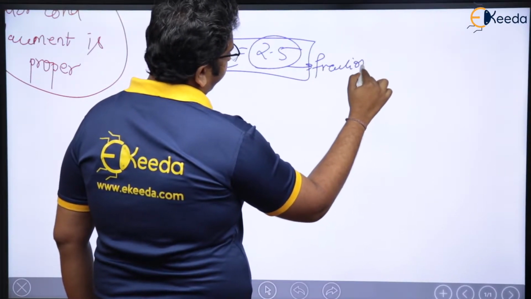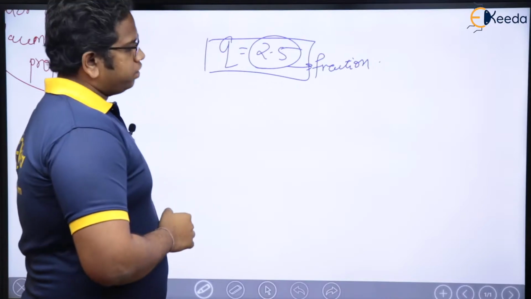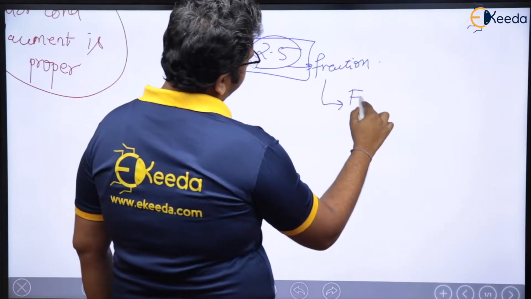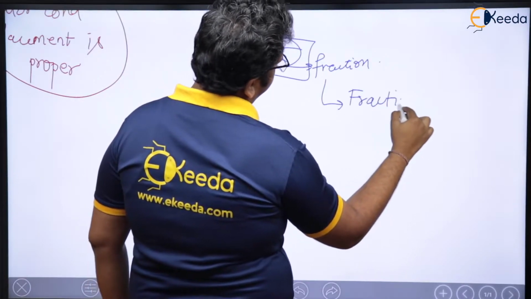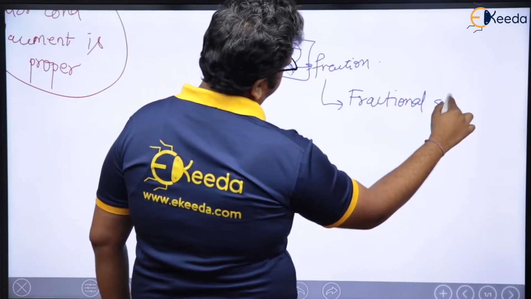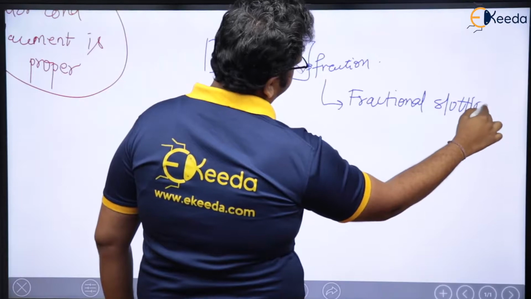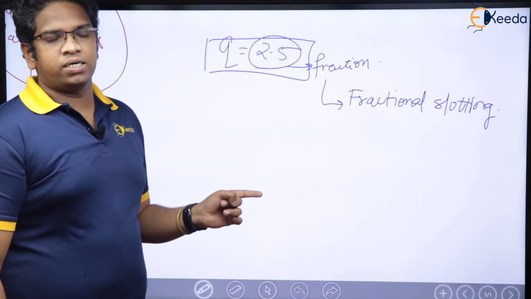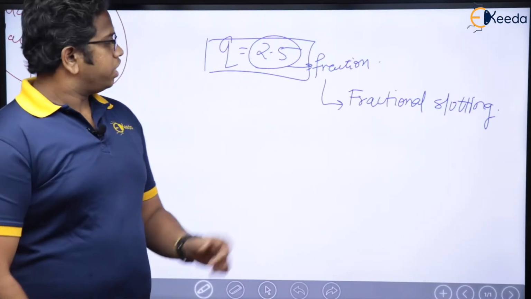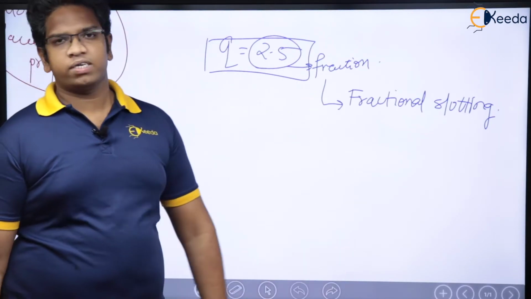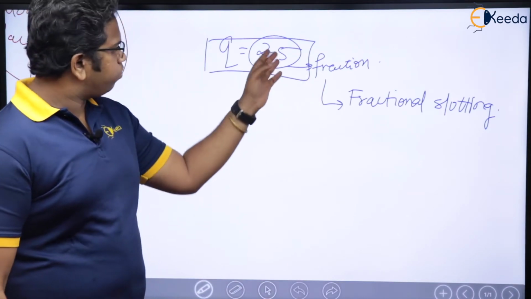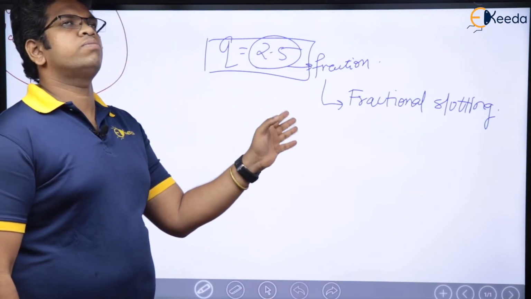If it comes out to be a fraction, then in such a case you are supposed to do fractional slotting. Simple thing. If my Q is an integer, it is going to be integral slotting. If my Q is a fraction, it is going to be fractional slotting. Very simple. Now you may ask, sir, but how to do this? How to do 2.5? Means 2.5 distribution in the sense.